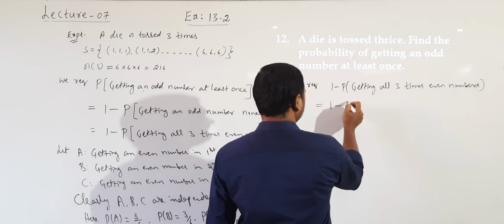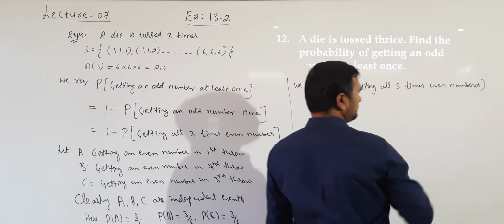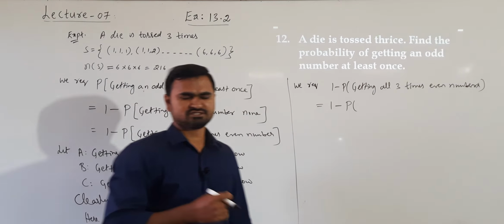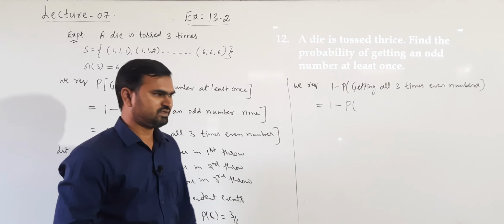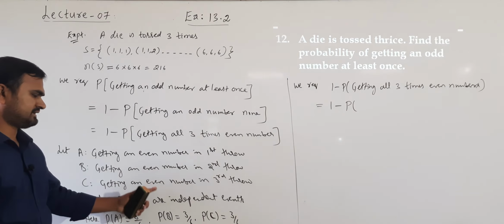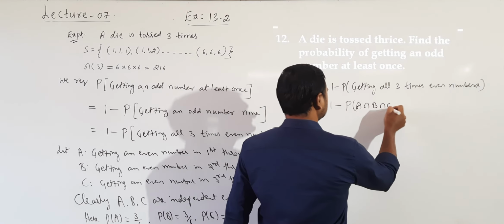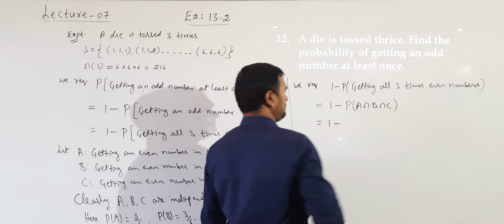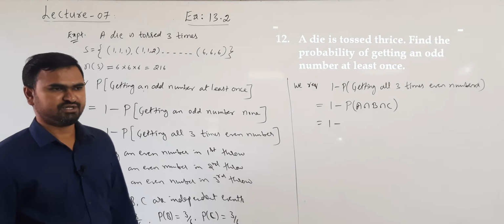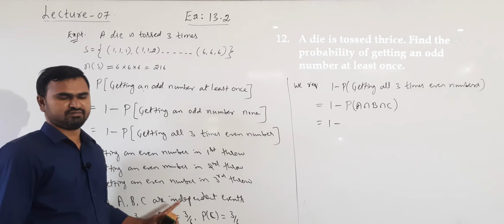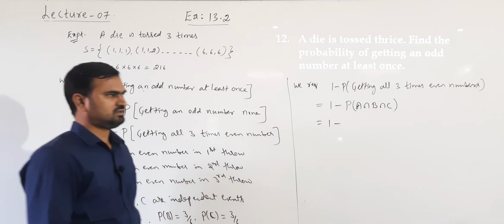It is 1 minus the probability of getting all three times even numbers, meaning the first time we get an even number, and the second time an even number, and the third time an even number. It is A intersection B intersection C. How can you write P of A intersection B intersection C? Since they are independent events, I can write it as P of A into P of B into P of C.